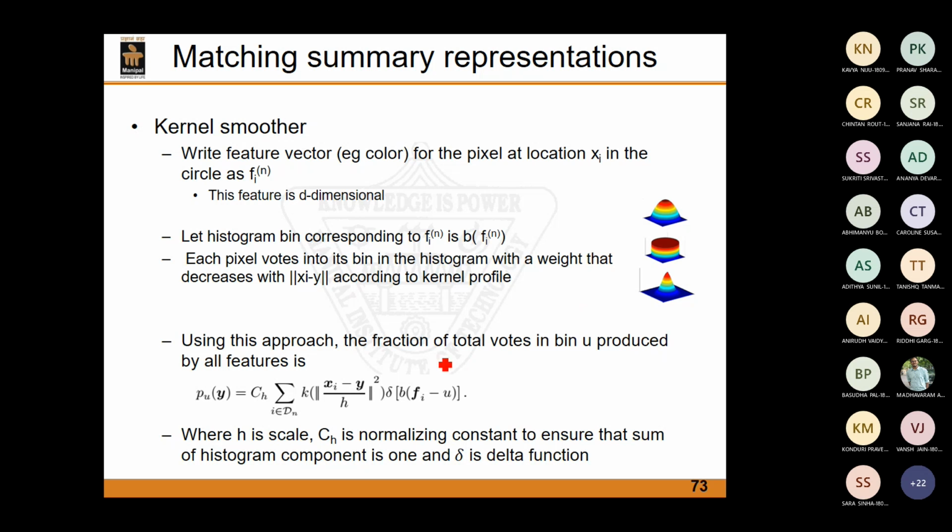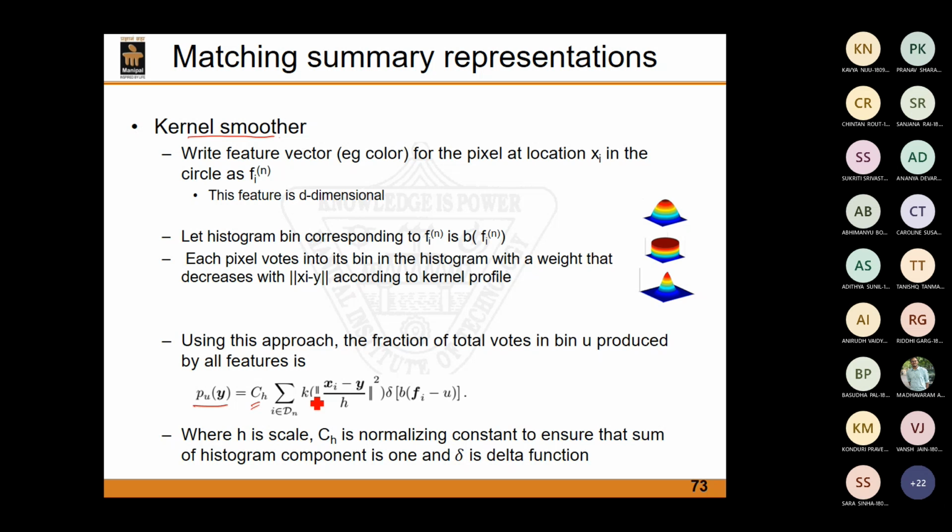So here, as I said, we are using a kernel smoother. Using this kernel smoother, the PDF, that is the probability density function of the circle with the center at y, is given by this particular notation over here, pu of y. And this is the expression corresponding to that, where I have ch, which is basically just a normalizing constant.